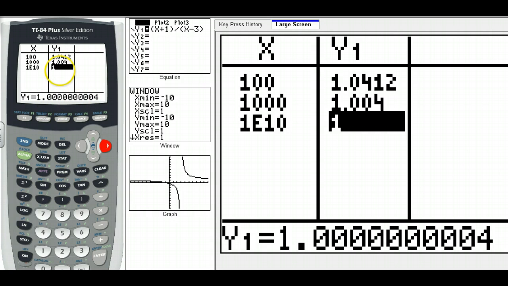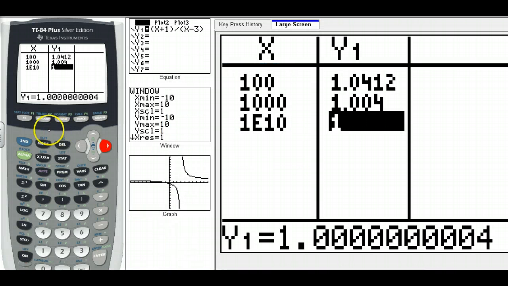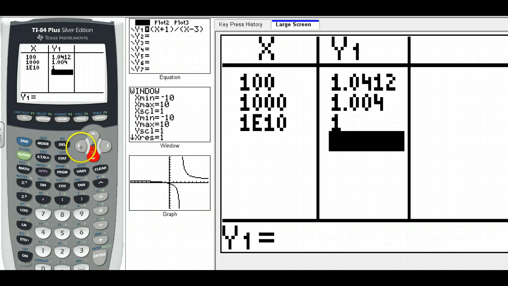I'm going to get an error here, so I can jump on top of it and get this value. And it does look like I'm approaching 1. So I go back to my sheet here, and I'm going to say that f of x would approach 1. And we can look also when we go to negative infinity.